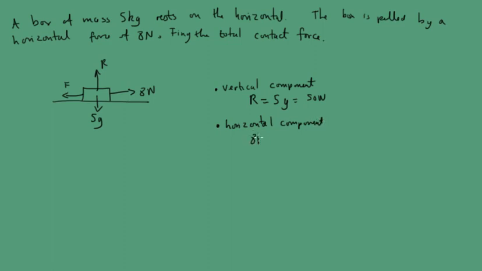So 8 newtons must be the same as the friction. Now we're just going to use Pythagoras. So the total contact force must be R squared plus F squared, all square rooted, and that therefore will give us 50.6 newtons.